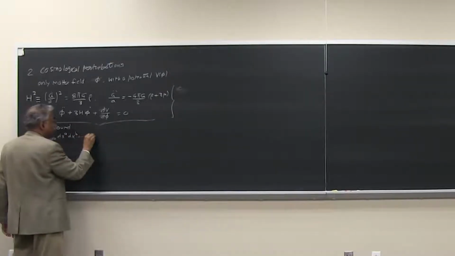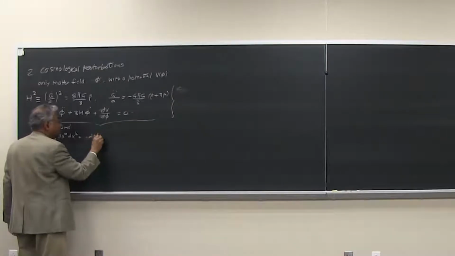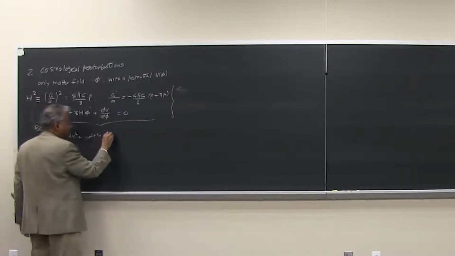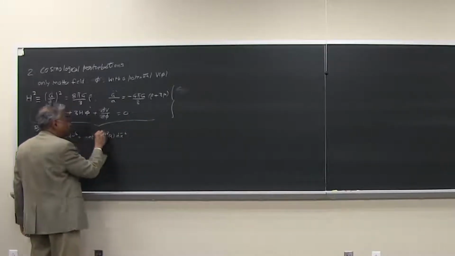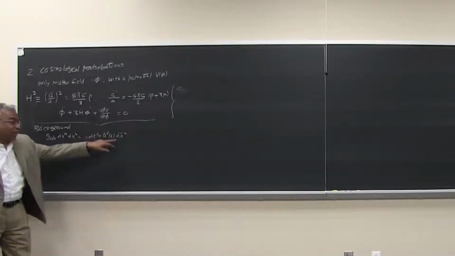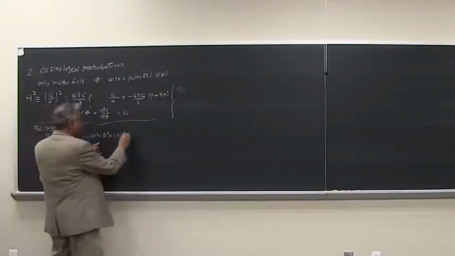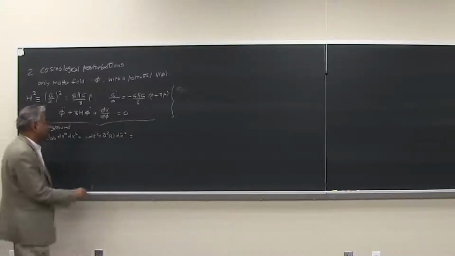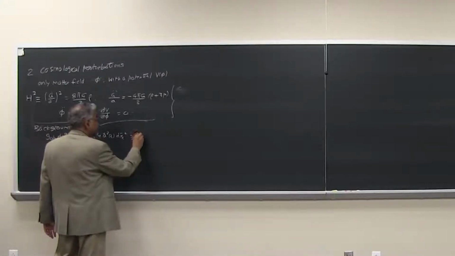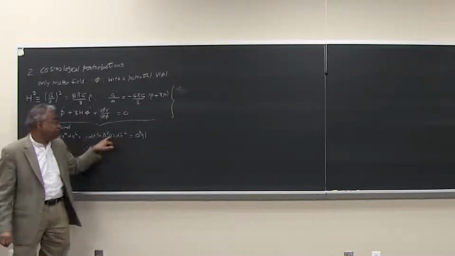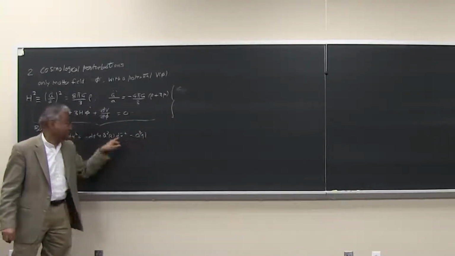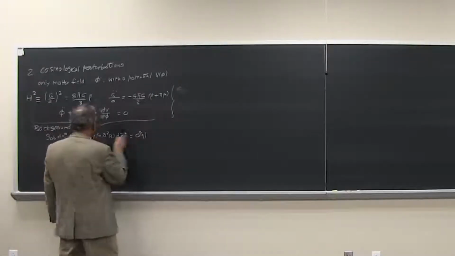It's just given by minus dt squared plus a squared of t times dx squared. And then we put a bar here just to avoid notational issues, because most of the time we are going to use conformal time. This is the same as a squared of eta. A bar of t is not the same function of t as a is a function of eta, and that's why we have a distinction here.